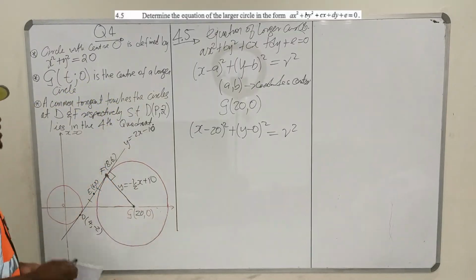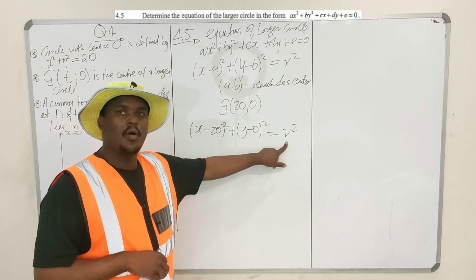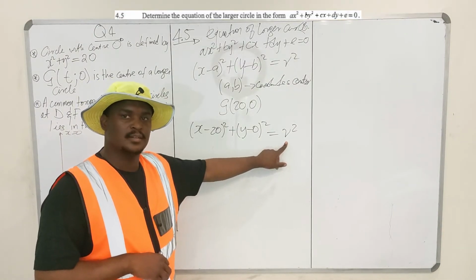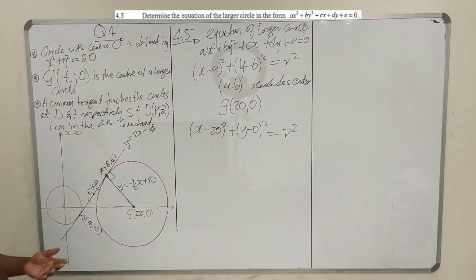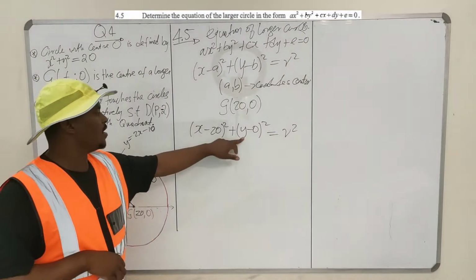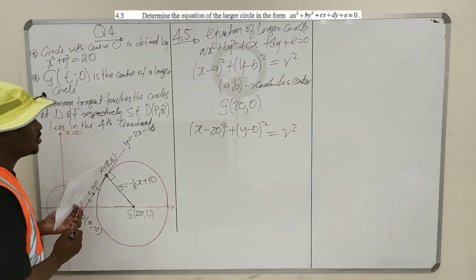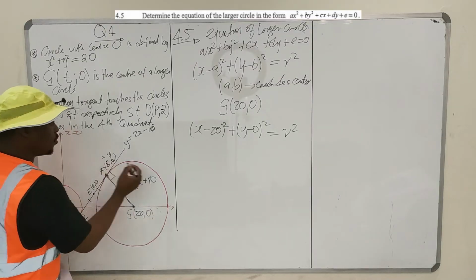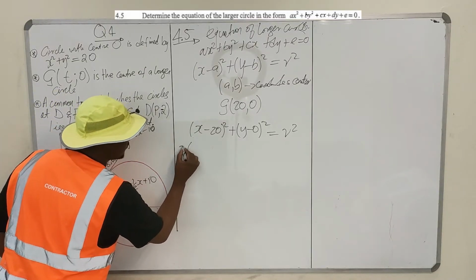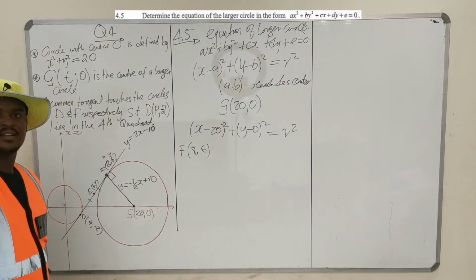This equation could be complete, but we're missing the square of the radius. So how do we find the square of the radius? You look for another point that you have on the circumference of your circle and substitute it here to find the value. We also have F to be 8 and 6. So you can substitute the coordinates of F, which are 8 and 6, to find the square of the radius.